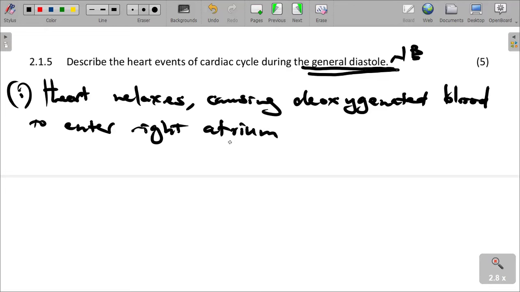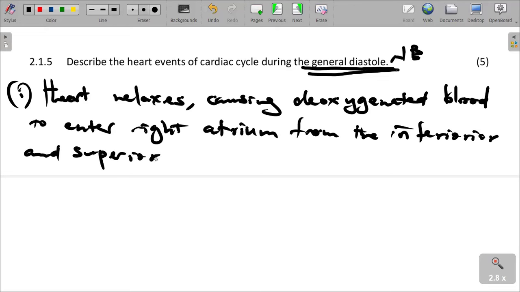What happens is that blood enters the right atrium from the inferior and superior vena cava. It is inferior and superior vena cava.